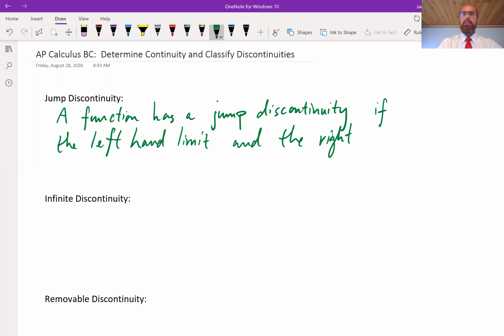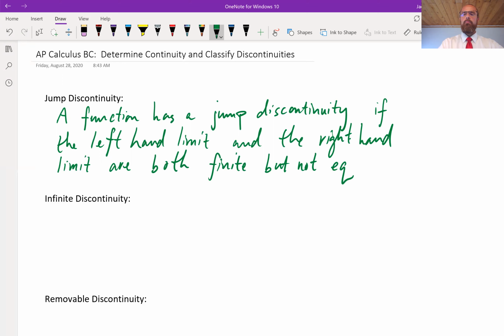So again, we're just thinking about limits, one from the left, one from the right, are both finite, but not equal. So there's a written definition of a jump discontinuity.